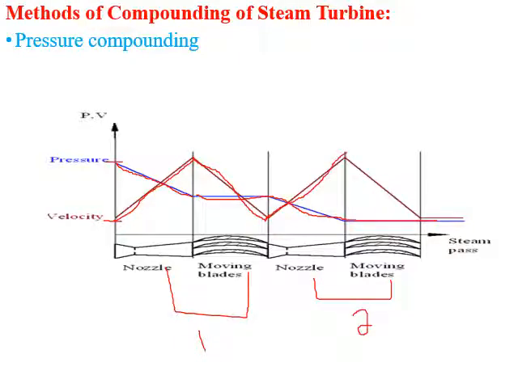Once again that velocity decreases in the moving blades. So the steam exits the turbine at minimum velocity. That shows the variation of pressure as well as velocity in pressure compounding.